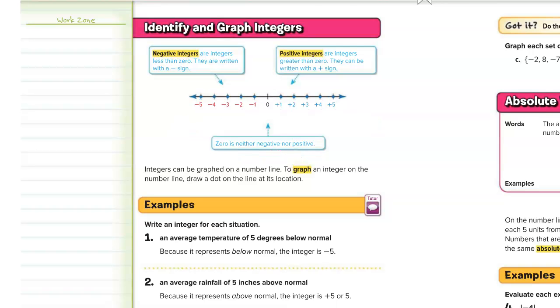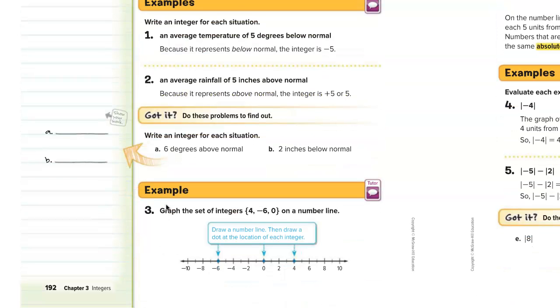Okay, for example 1, it says write an integer for each situation. So for example 1, an average temperature of 5 degrees below normal. Okay, so since it says below, we know it's going to be minus, and then the integer number is 5, therefore it would be -5. Number 2, an average rainfall of 5 inches above.